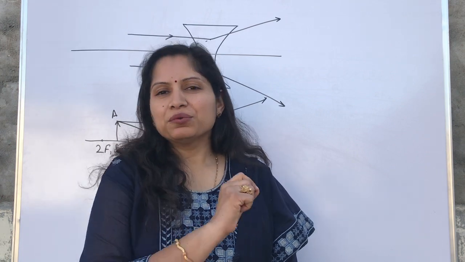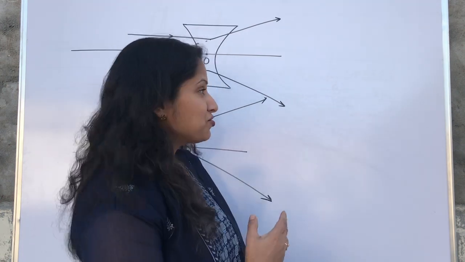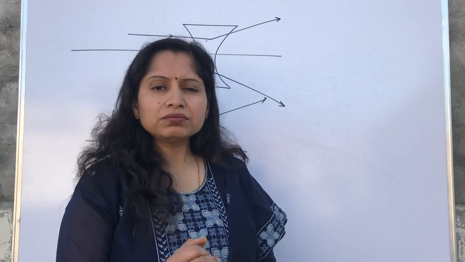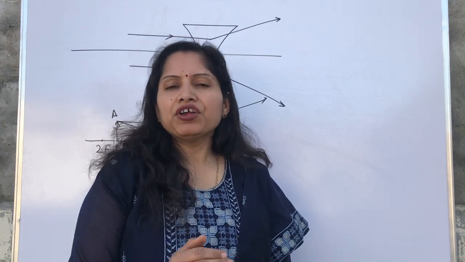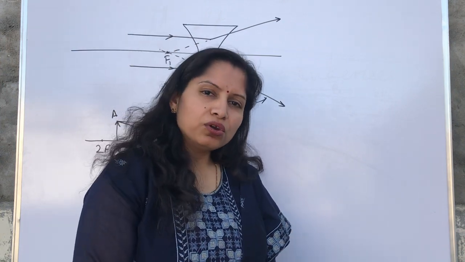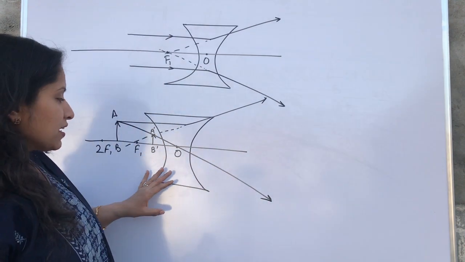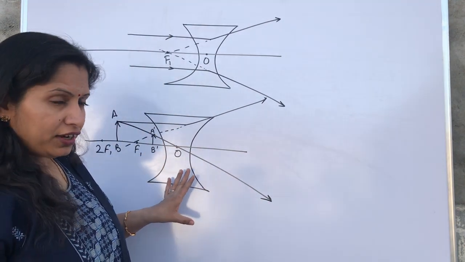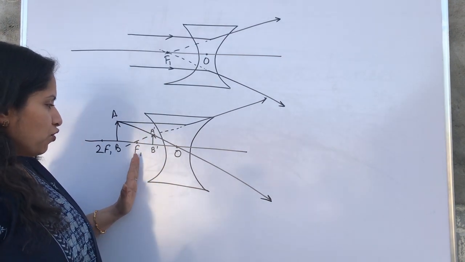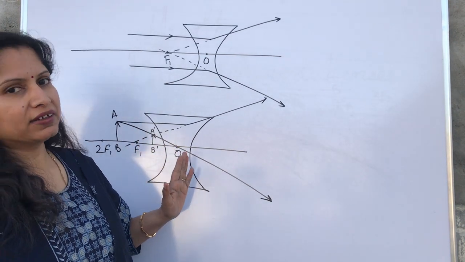I hope this information was interesting. Hope these ray diagrams were good enough. Try to draw different positions of the ray diagrams for every position of the object using a concave lens other than infinity. You will get that the image is always formed between f1 and optical center.